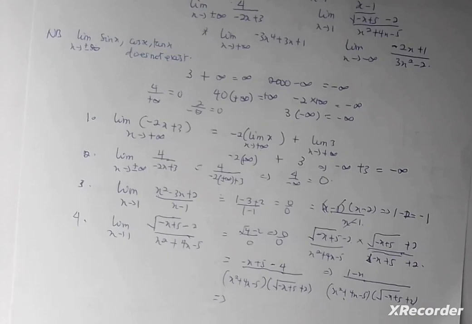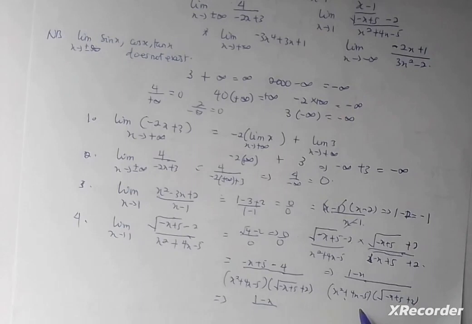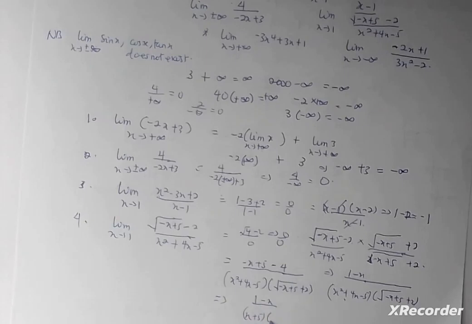Upon simplification, I'm going to get something like 1 minus x. Then all over here is going to be x plus 5, then x minus 1, like this.